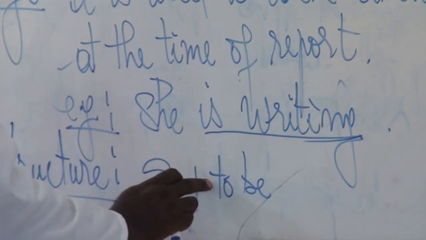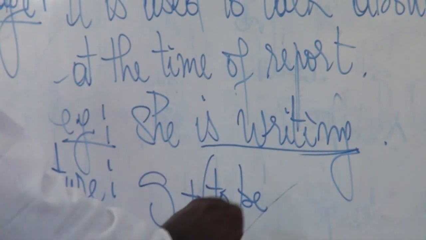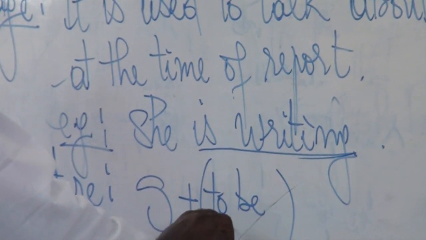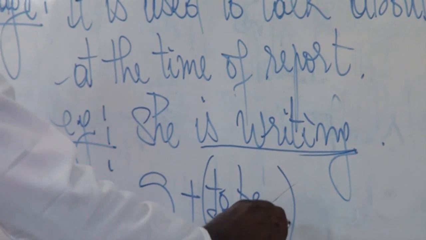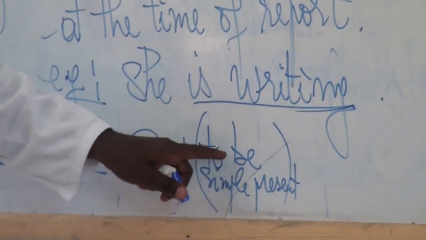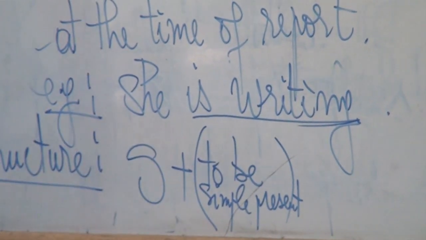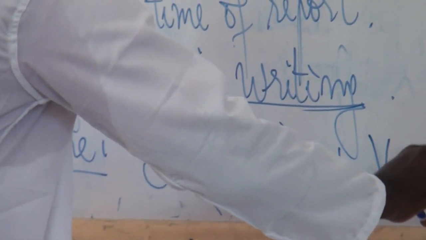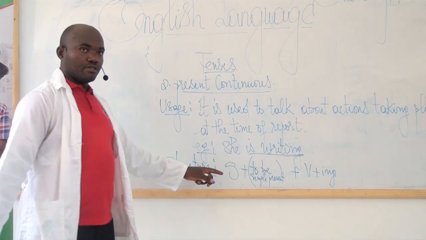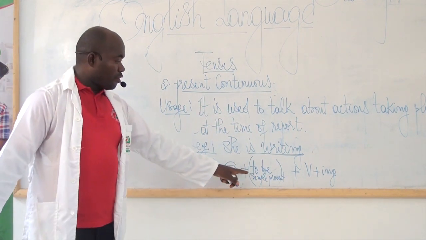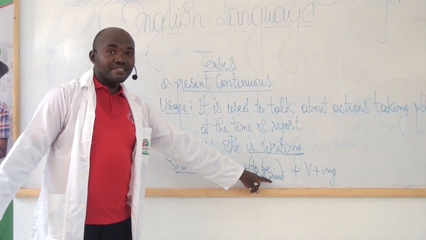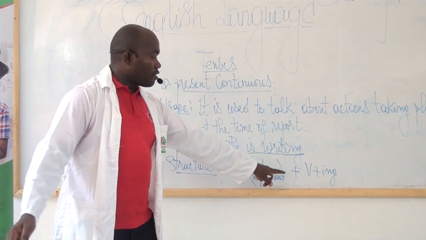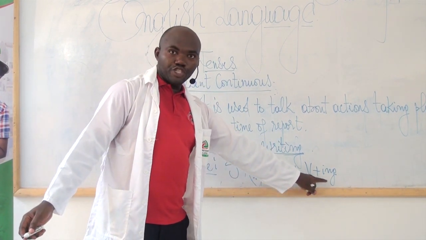The auxiliary to be is conjugated into the simple present tense, plus verb plus ing. We have subject plus to be conjugated into the simple present tense plus verb plus ing.